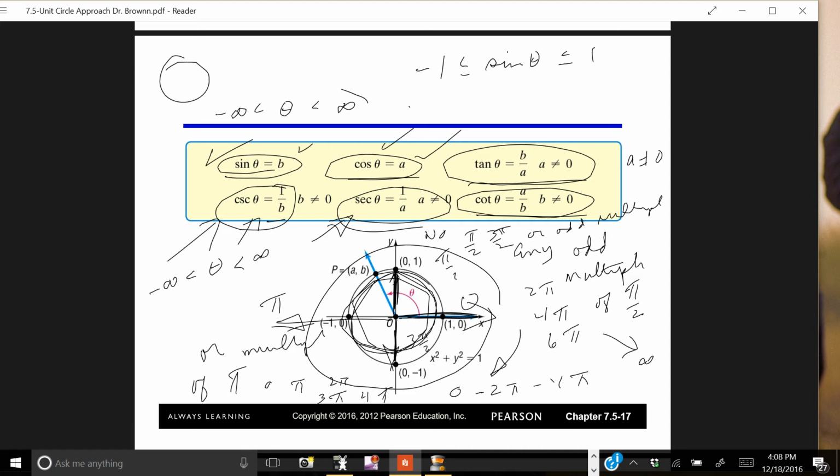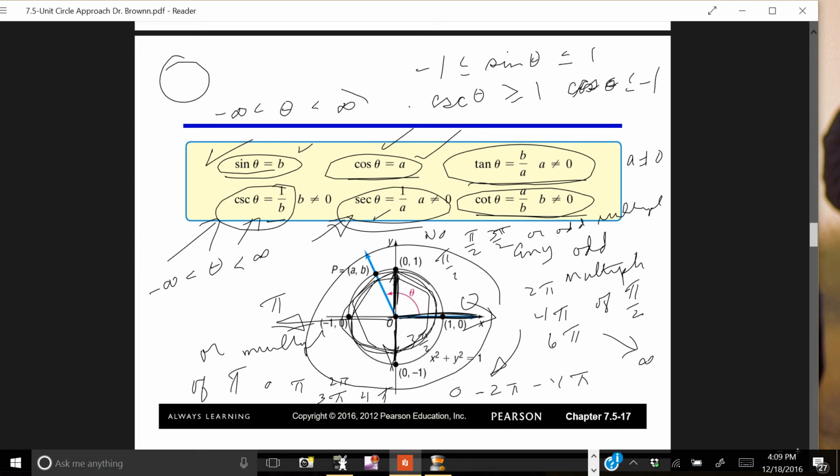Notice that since cosecant and secant are equal to 1 over b and 1 over a, cosecant of theta is more than or equal to 1, or cosecant of theta is less than or equal to -1.